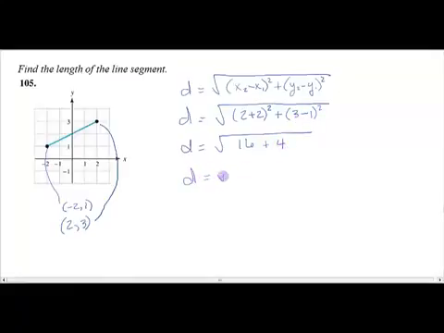So d is the square root of 20, which I know I'm going to have to simplify. Remember that 20 is 2 times 10, 10 is 2 times 5. So I'll have the square root of 2 squared times the square root of 5, which gives me 2 square roots of 5 for the exact length of that line segment.